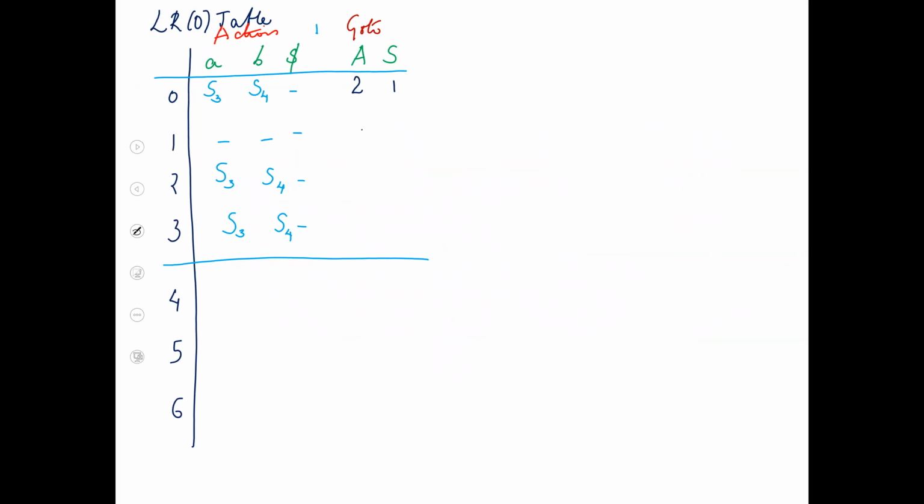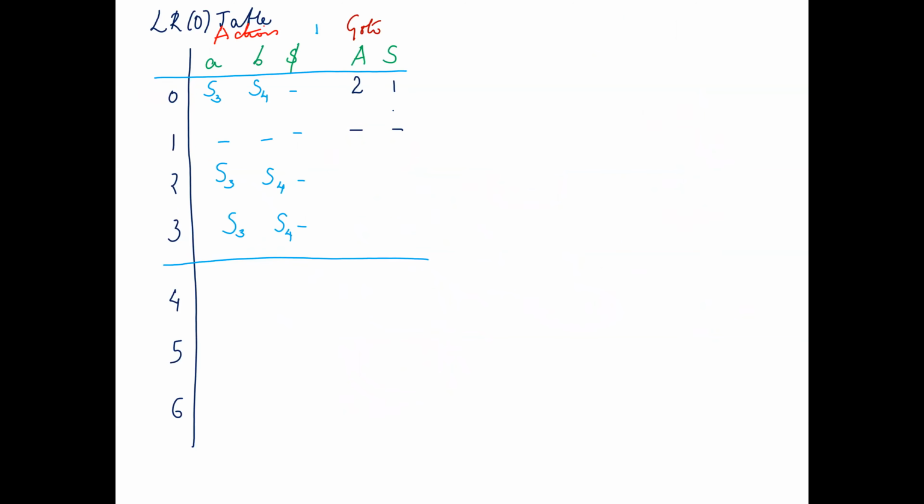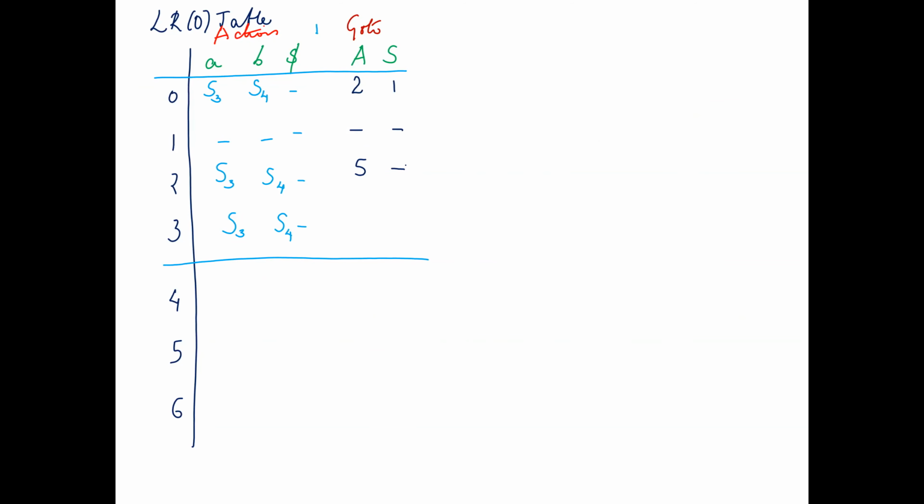This was my final state. 2 through A, I'm reaching 5. 2 through S, I'm not reaching anywhere. So I'll just write a 5 over here. Hyphen. 3 through a capital A, I'm reaching 6.